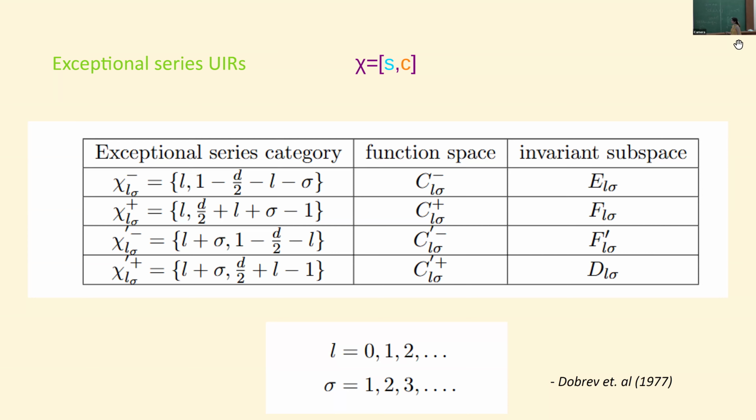In the first 2 lines, this SOD label is immediately spin, but in the second lines, you have to think a little bit carefully. There's also this sigma label, and they have some restrictions. Sigma is 1 higher than n. Chi is for the representation, C is for the function space that representation can act on, and they have identified the invariant subspace. Just keep track of these plus minus signs and prime signs.